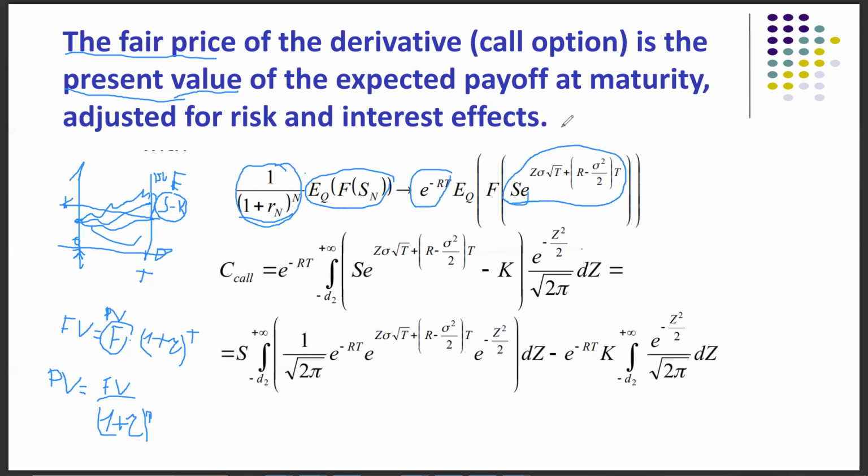The payoff function is S minus K when S is more than K. So we write S minus K in the case when S is more than K, and the integral is taken from minus d2 onward, where we need to define d2 later.